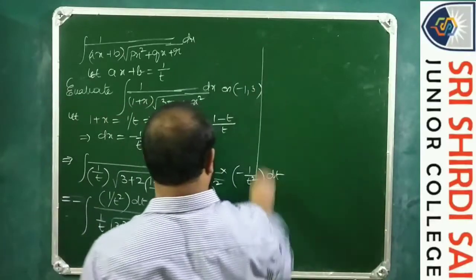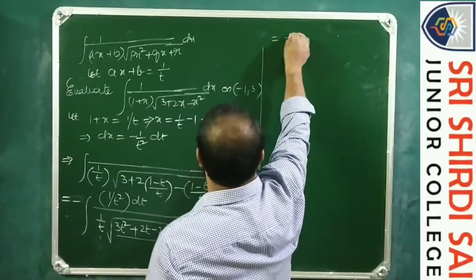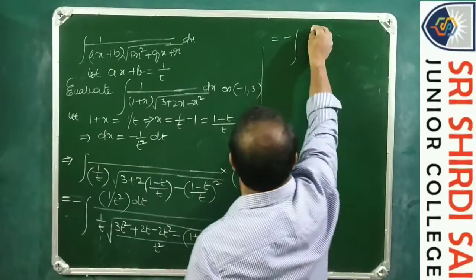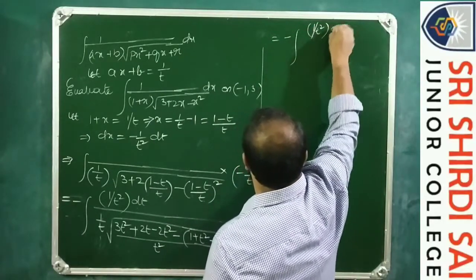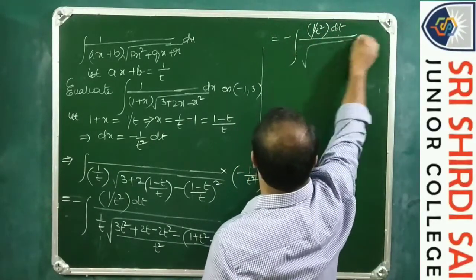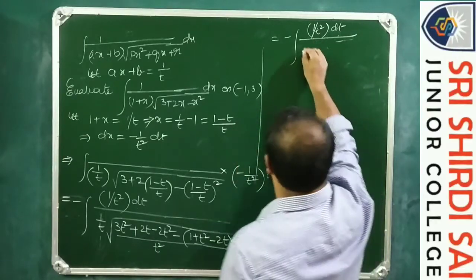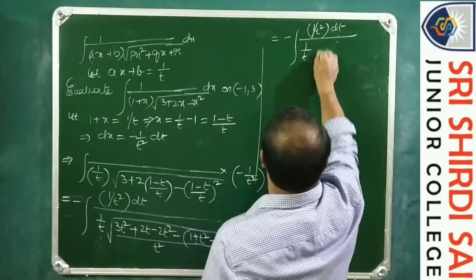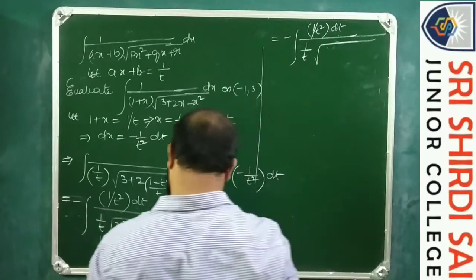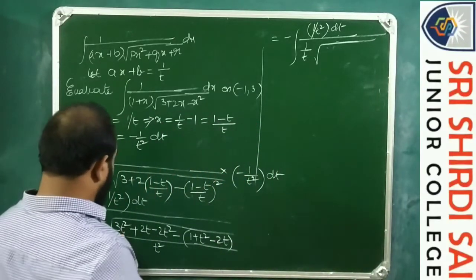This is equal to minus, I am writing outside, 1 by t square dt by 1 by t into 3t square.